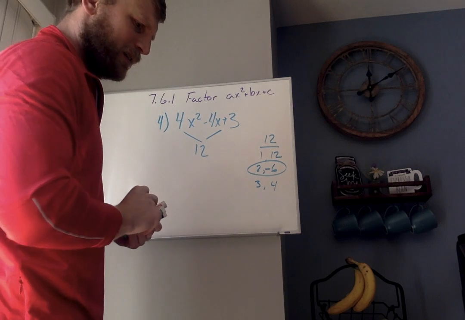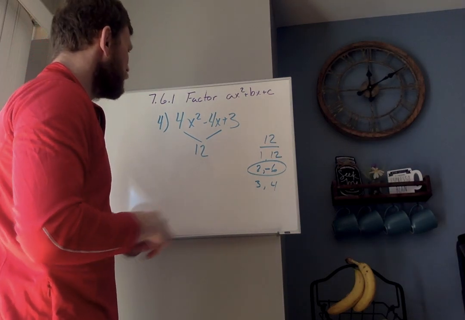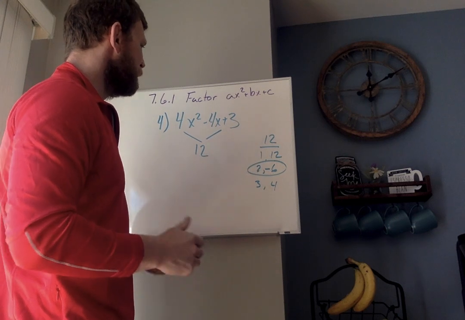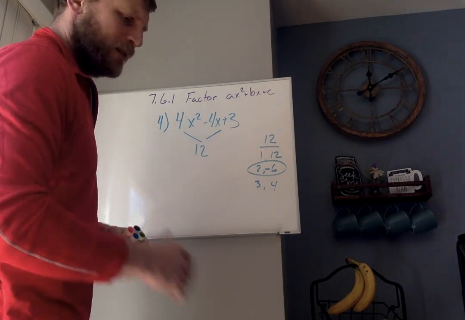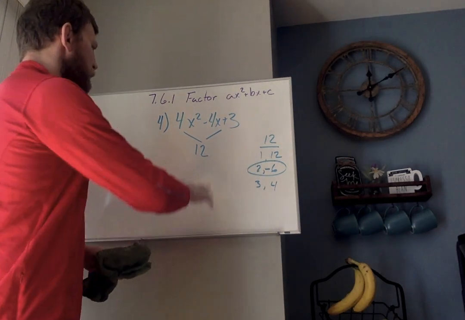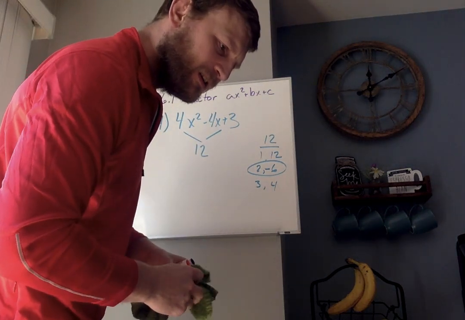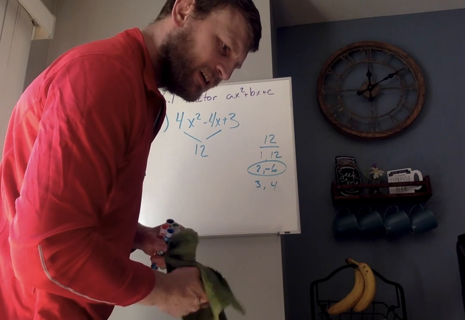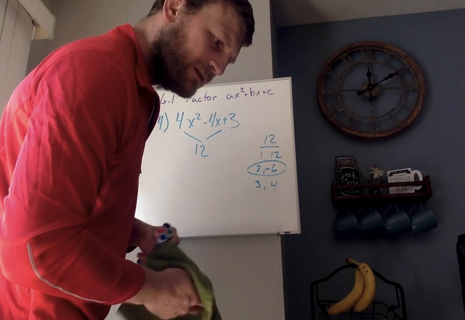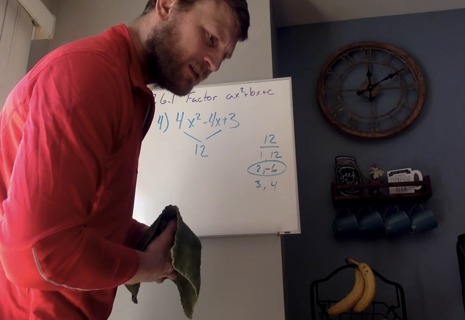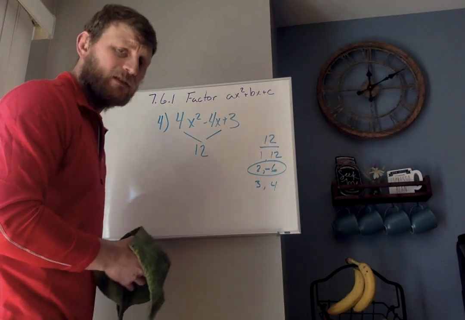Let's see. Does that work? Well, no, it doesn't because it needs to multiply to give me a positive 12. Let's see. Make sure I wrote it down right. I did. Okay, well, what I'm thinking here is maybe I can't factor it.